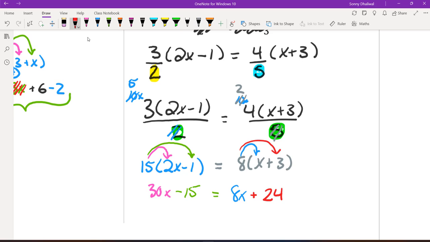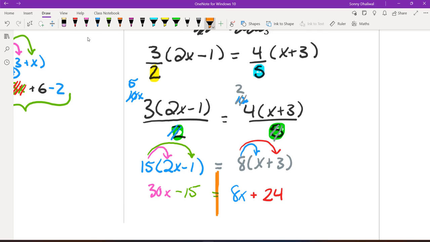Okay. So now the fractions are gone, the brackets are gone. We just need to start solving. Multiple x's. So we need to make a decision of what side you want to collect your x's. Emma, how about you? What side do you want the x's on? Left or right? Left. Okay.